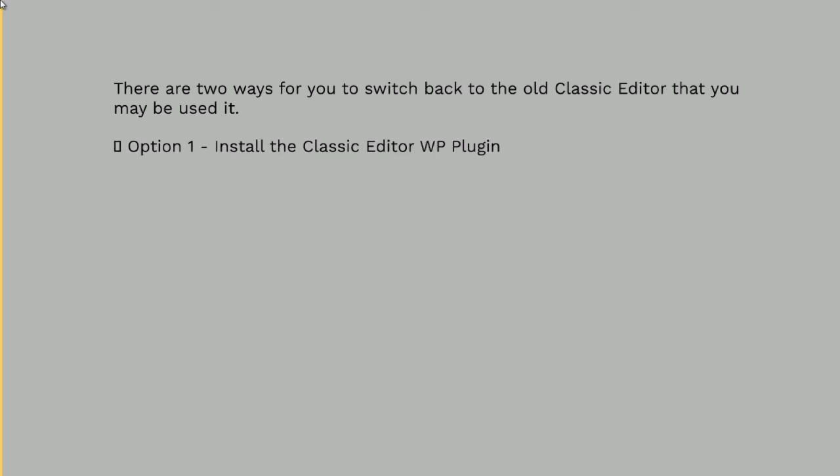Option one is to install the classic editor WordPress plugin. And option two, you can disable the Gutenberg WordPress plugin. Now, bear in mind that option one is what most of you are going to implement. The reason why I included option two is that some of your clients or some websites that might be outdated, that haven't been updated, may be utilizing the Gutenberg WordPress plugin.